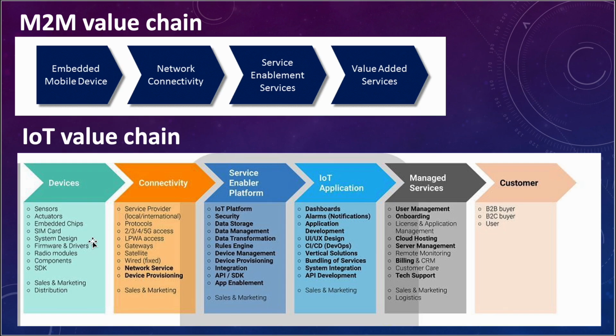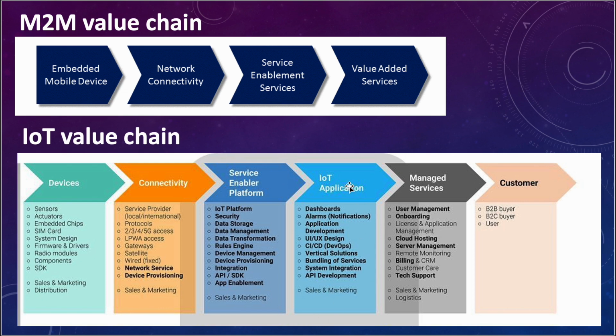Then IoT application. The service enablement platform is mostly the backend development part of the application. IoT application means the front end development part. Dashboards, alarms, notifications, application development, UI, UX design, CI, CD, DevOps, vertical solutions, building of services, system integration, API development.